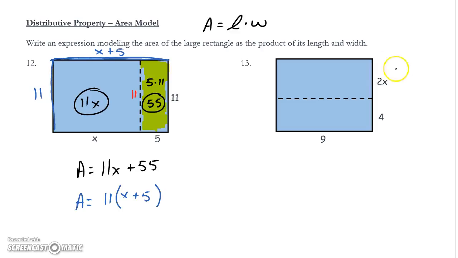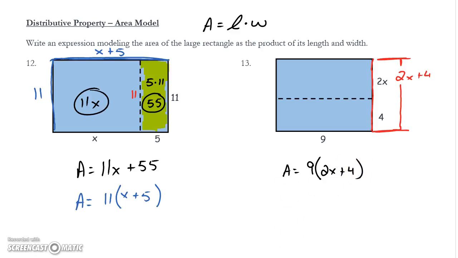Okay. Let's do that again here. The side length here is 2x plus 4, because that goes from here all the way down to here. So I could state that the area is this width, 9, times the whole length, 2x plus 4.